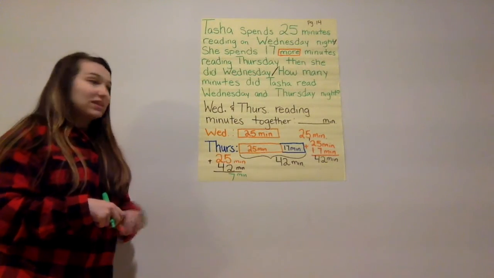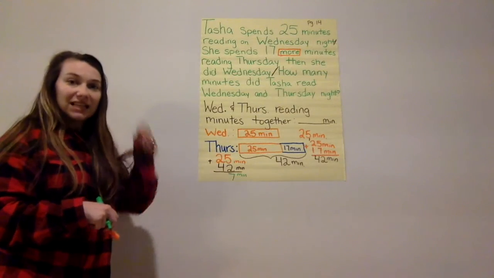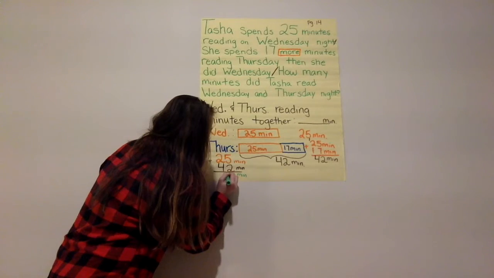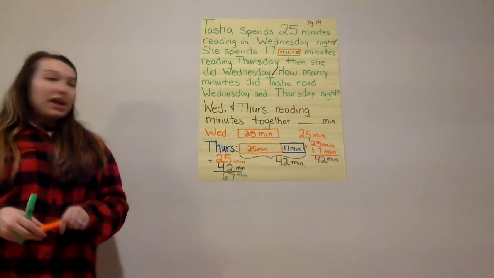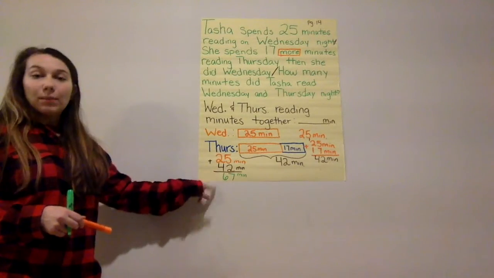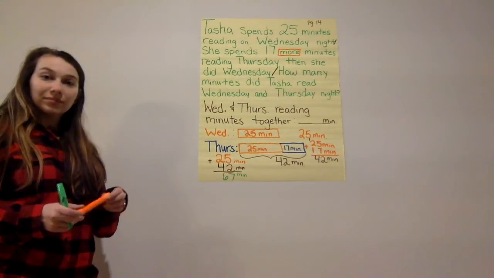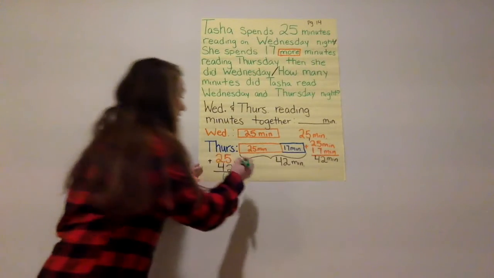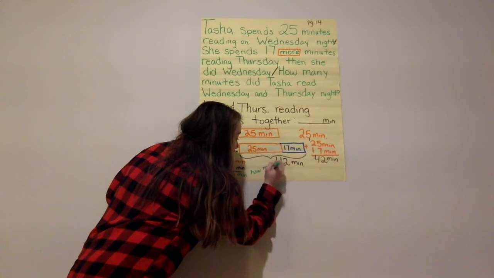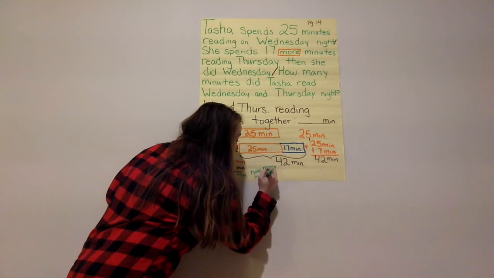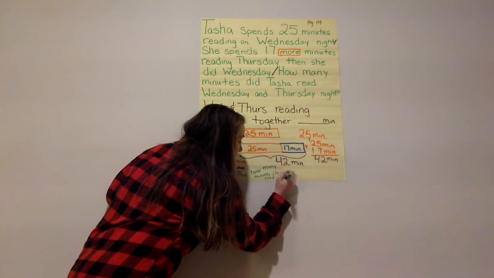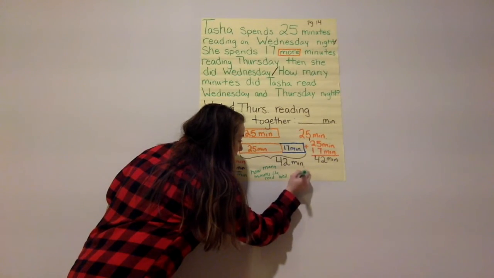And then we move over to our tens. 2 tens plus 4 tens gives us 6 tens. Very nice. So, 67 minutes. What does this number represent? How many minutes she read Wednesday and Thursday?